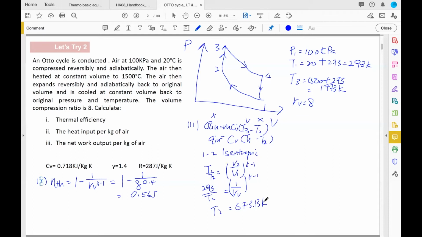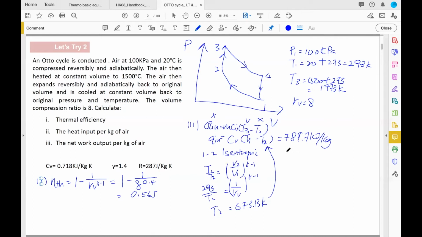If your answer is 673, it's okay. A little bit of difference is all right. Since you have T2, T3 and Cv, you can get your q in equals 789.7 kilojoule per kg. If your T2 is a bit different, you will have a slightly different answer from me, but not as far as, say, 810. So please check your unit as well.